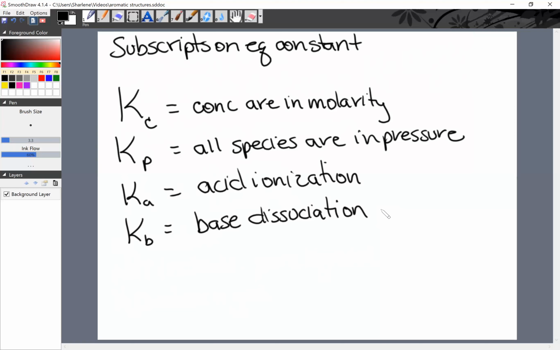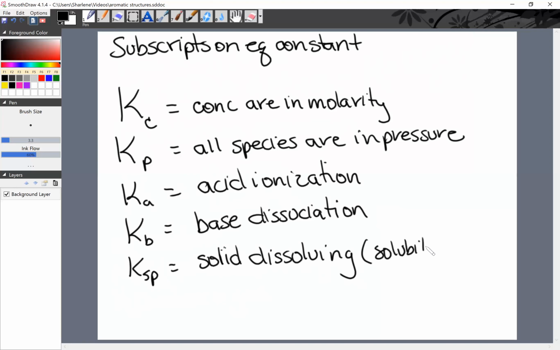I'll do an equation for each one of them. Ksp is for a solid dissolving, solubility product is what that stands for.